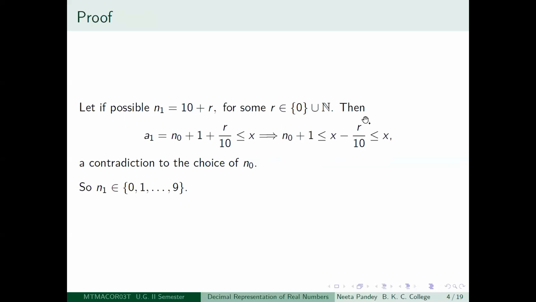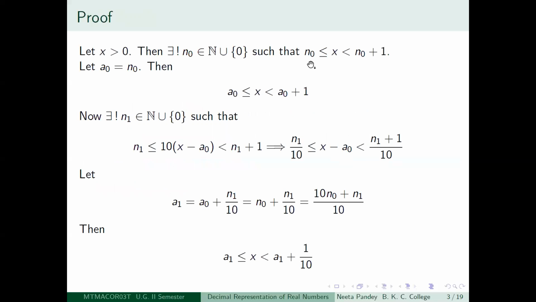And since r by 10 is greater than or equal to 0, x minus r by 10 will be less than or equal to x. So you have got that n0 plus 1 is less than or equal to x, which is a contradiction since your choice of n0 was such that n0 is less than or equal to x and x is less than n0 plus 1.